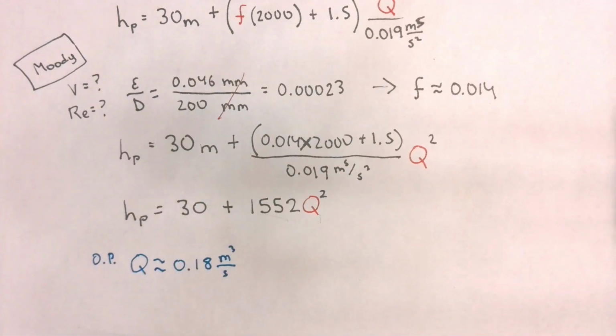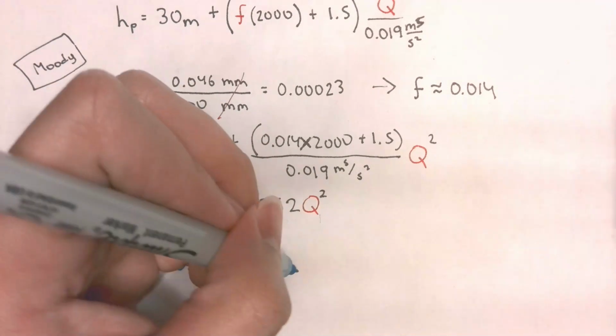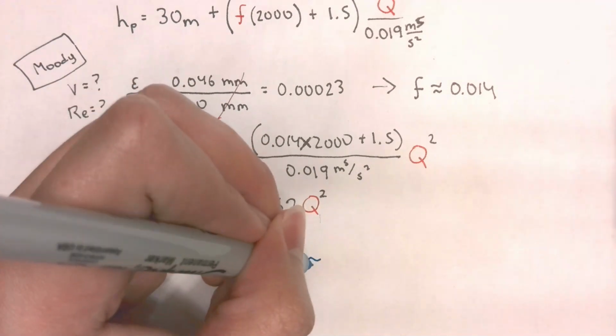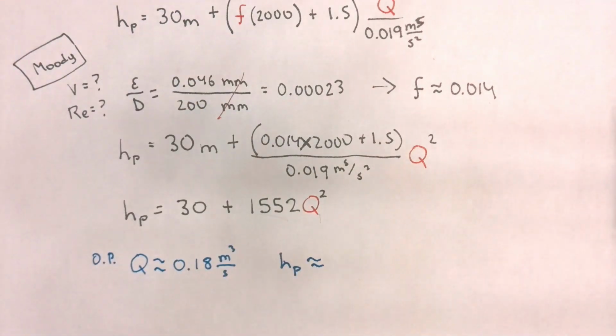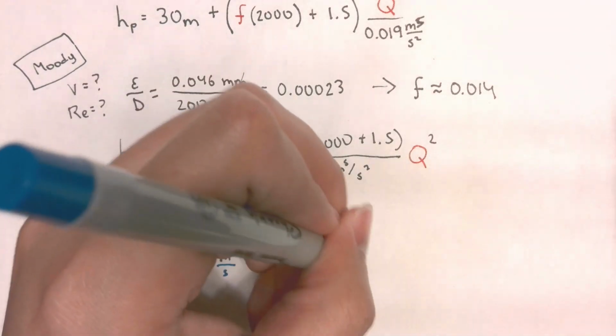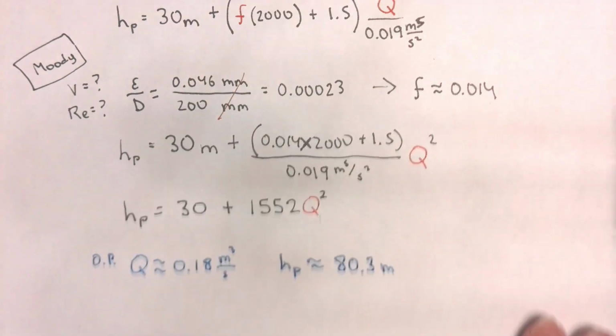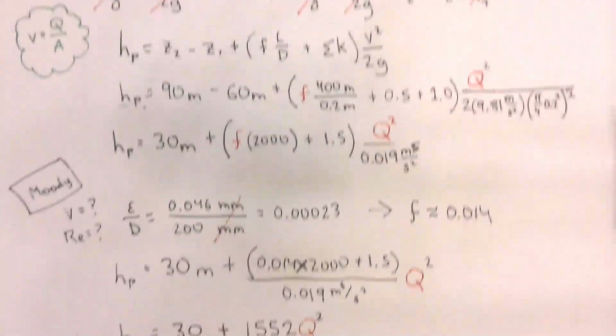For an operating flow rate of 0.18 cubic meters per second, we're going to have a pump head of approximately how much? It's like 78, I think. I got 80.285. Good. So our graph is a little bit off, but it's okay.